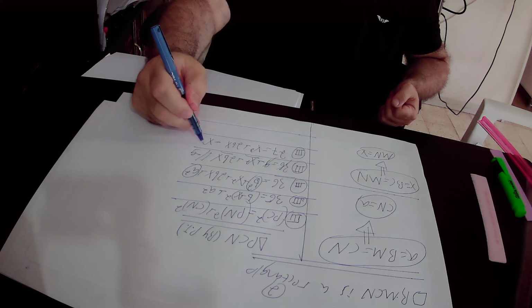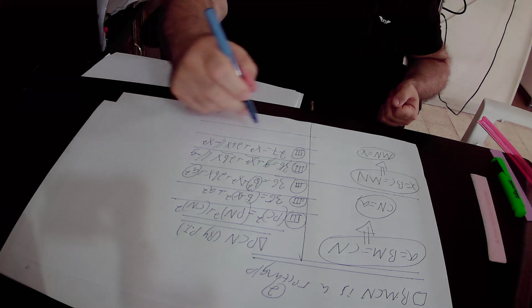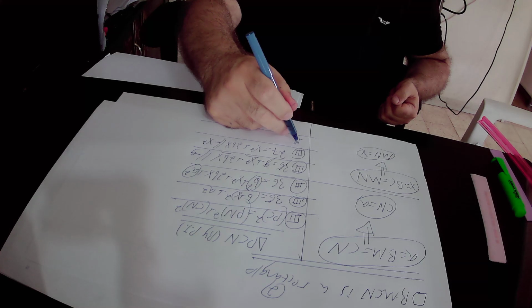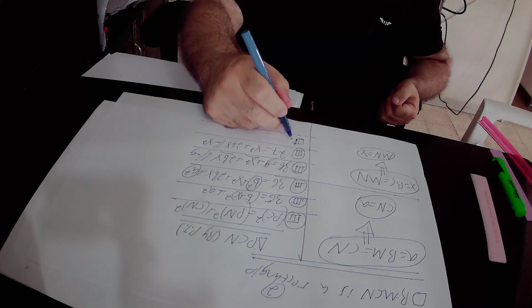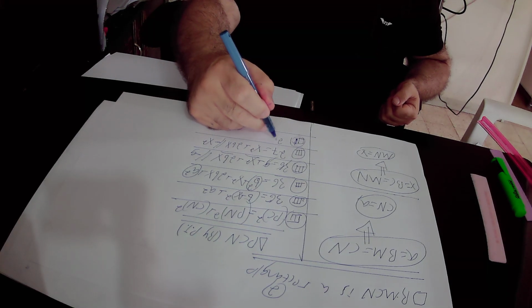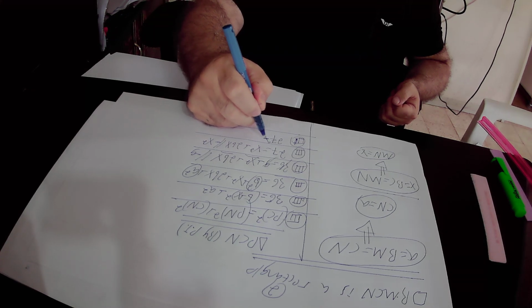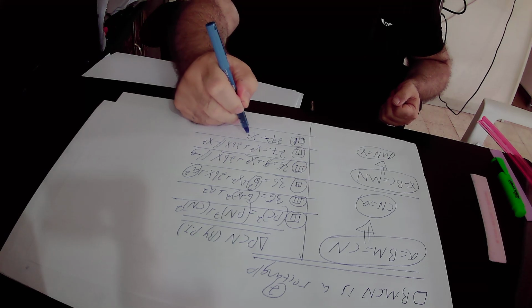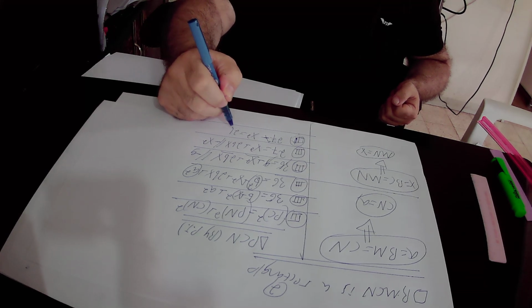Here we subtract x squared from equation number 3, and we get that 27 minus x squared equals 2bx.